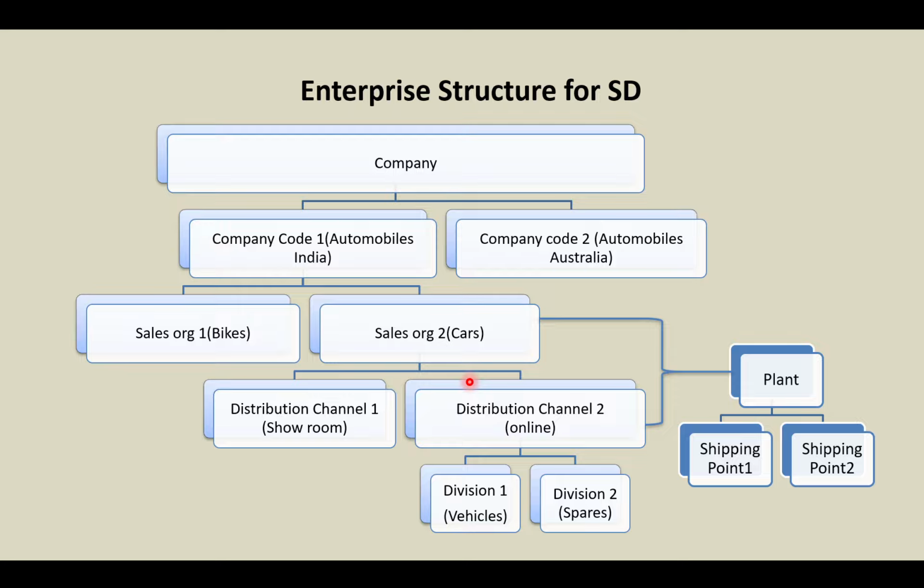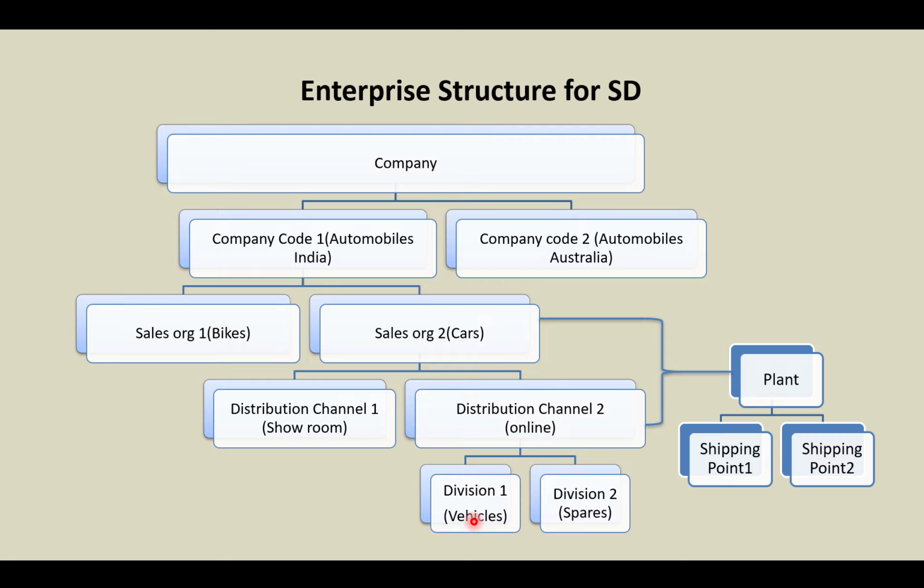So we need to set up the sales area, because here you can see in this diagram, cars online, we have the sales org, car sales org, and distribution channel is online, and division is vehicles and spares. You can see how many sales areas can be created here. Cars online sales for the spares, and cars online sales for the vehicles.